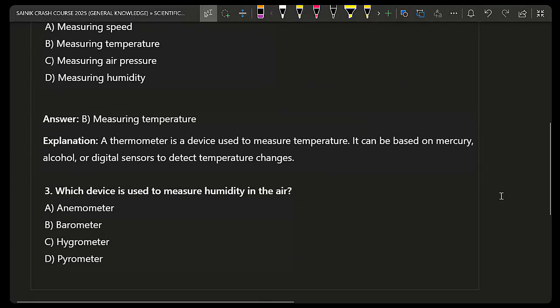Which device is used to measure humidity in the air? Option A, anemometer, option B, barometer, option C, hygrometer, and option D, pyrometer.